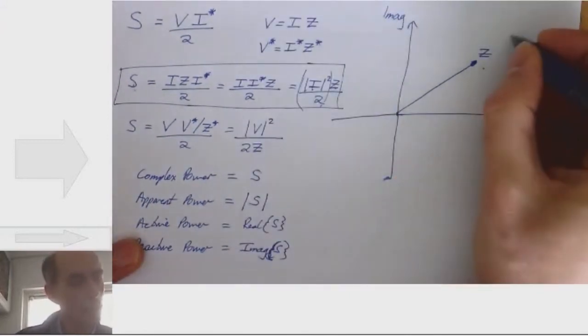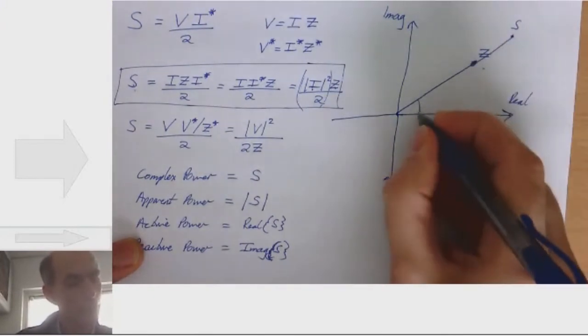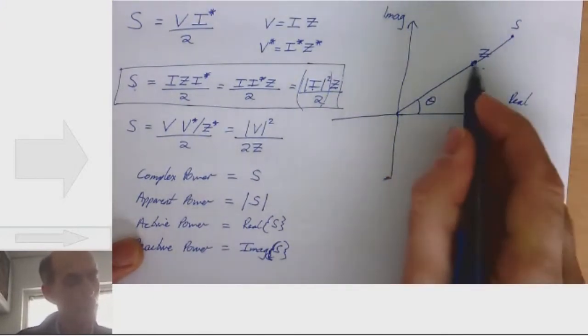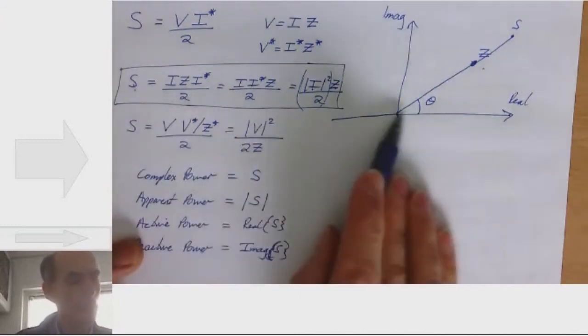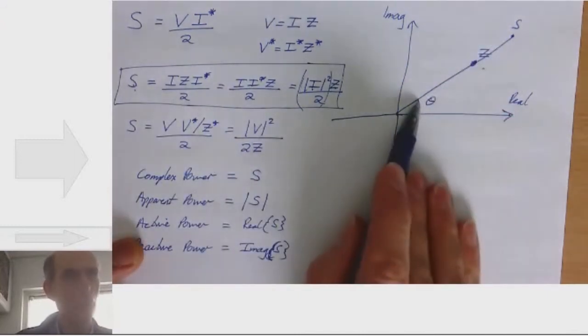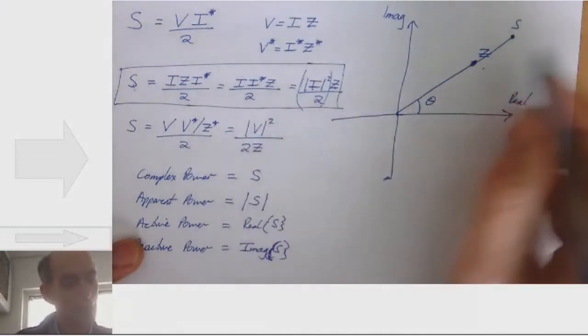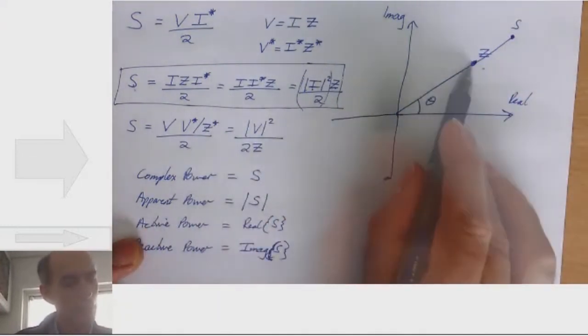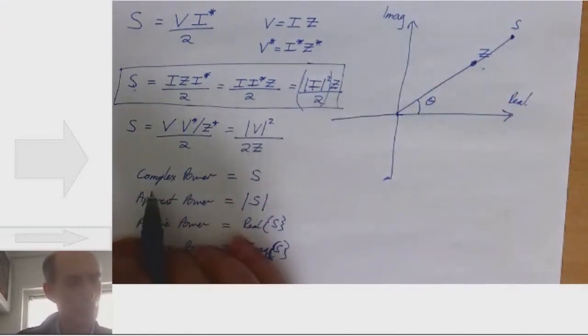So maybe S might be somewhere up here. But the key point is that that angle is the same. Z just gets multiplied by a perfectly real quantity to produce S. That changes the magnitude, but not the direction. So the argument, the phase of the complex impedance, is the same as the phase of the complex power.